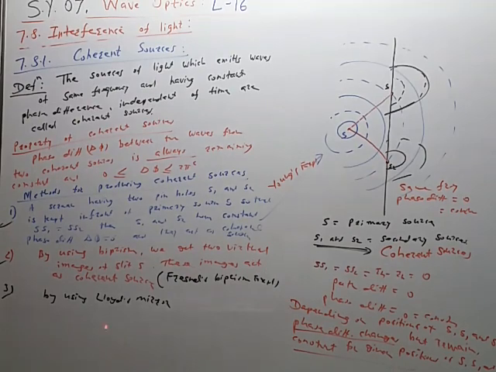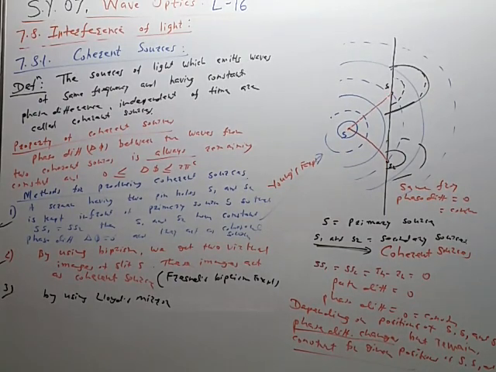The third method is by using the Lloyd's mirror. This method is also given in detail in our syllabus. So these three methods we have to use. In this case, S1 and S2 are secondary sources, S is the primary source. The waves going from S to S1 and S to S2 are primary waves, and waves coming out from S1 and S2 are secondary waves.